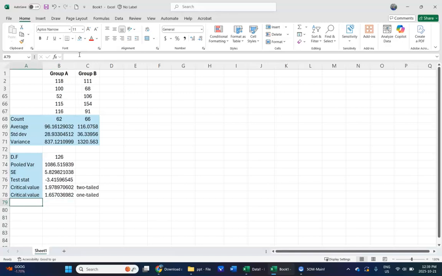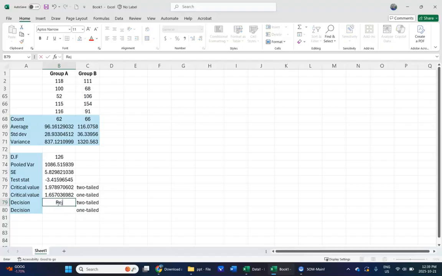So our decision is always to reject the null hypothesis if our test statistic is greater than our critical value. So once again, ignore the negative signs. So based on our values here, I'm just going to put this on here. A decision based on whether it's a two-tailed or one-tailed test. Our test statistic, 3.41, is greater than our critical value for a two-tailed test.